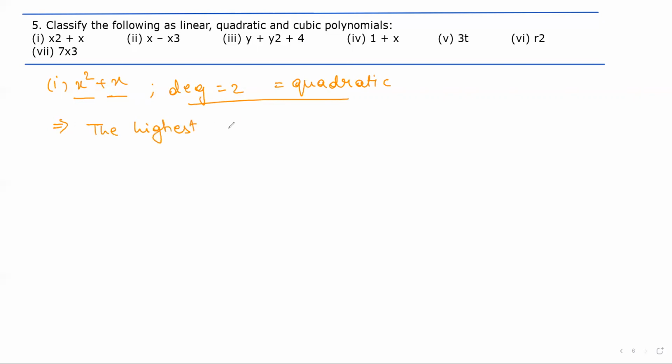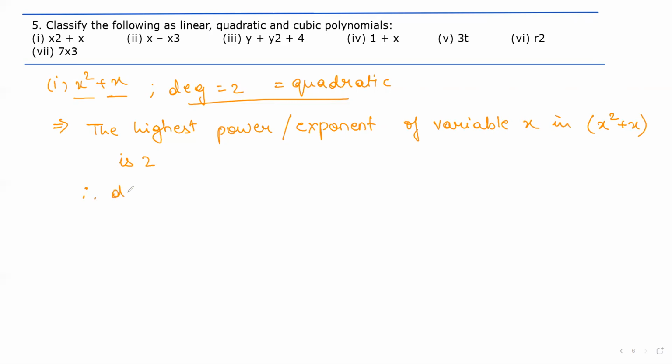The highest power or exponent of variable x in x squared plus x is 2.